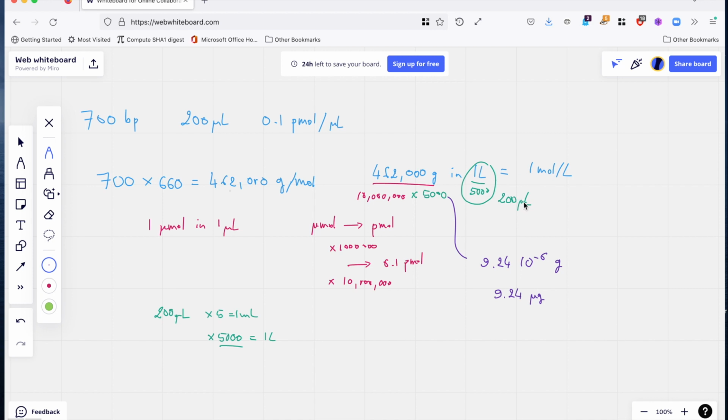And finally, because we also want to divide the volume by 5,000, then we're going to divide that mass by another 5,000 just because that volume is 5,000 times less than a liter. So that's the way you solve these problems. At least that's the way that I suggest to solve these problems. So good luck for the next types of problems with DNA dilutions.